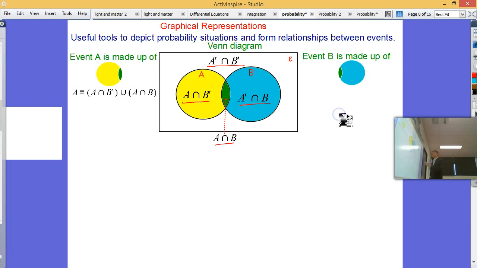Same way of approaching what we have over here in event B. Mr. Blue Pac-Man is eating his green lunch, his vegetables, and we have A naught intersect B, union with the A intersect B in the little green bit.